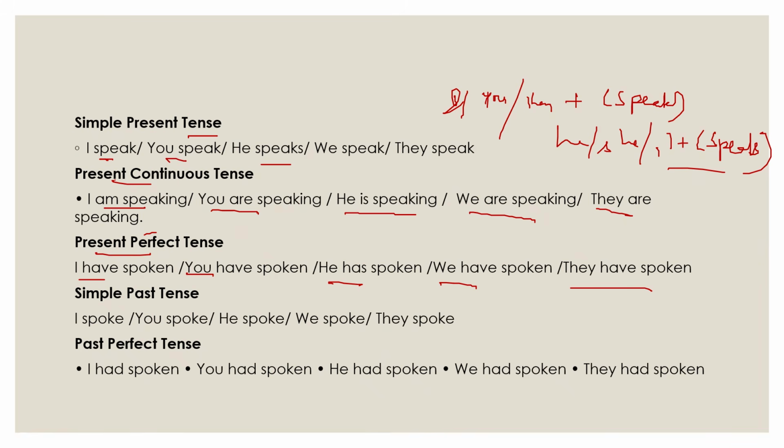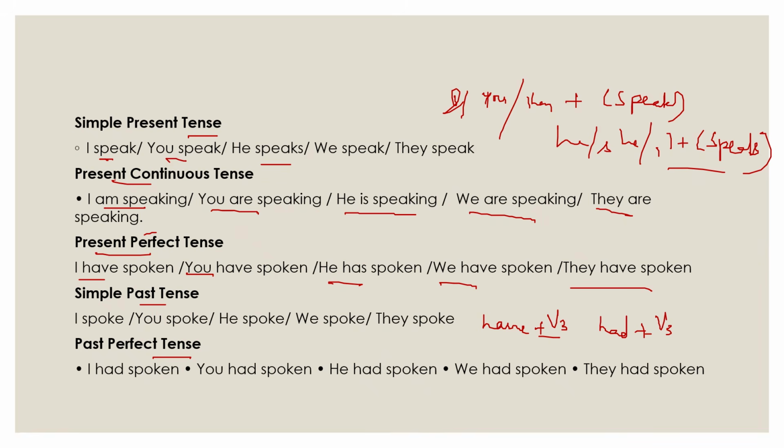This is just to give you an idea of how to form sentences using pronouns. Simple past: I spoke, you spoke, he spoke, she spoke, they spoke, etc. Past perfect: I had spoken. Wherever you take perfect, if it is present perfect, it will be have plus third form of the verb. If it is past perfect, had plus V3 of the verb.